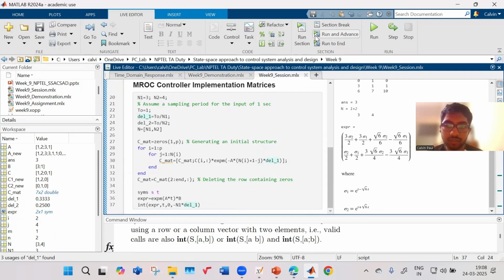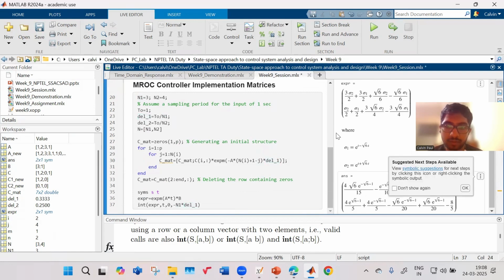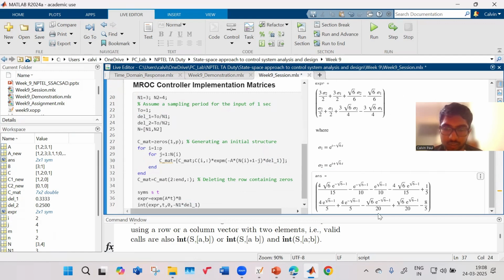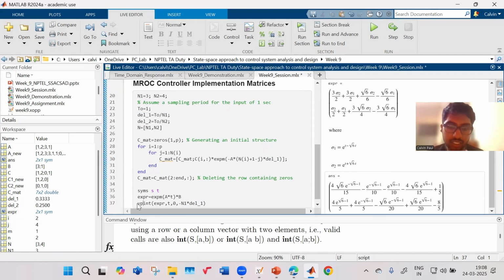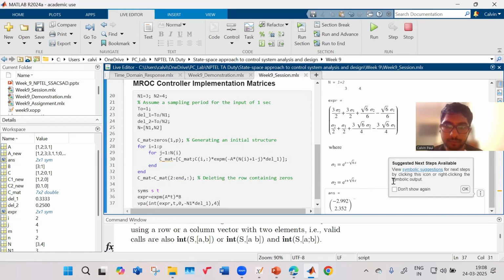Let us run this expression. It comes out to be like this. So we can get a better way. We can get a numerical format, comma 4, comes out like this. So this is our first thing of gamma.